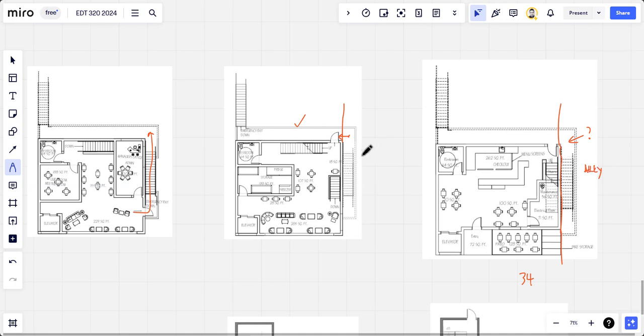Except this portion, I am unsure, because anything that you're projecting here, even just for escape purposes, must be either directly outside, which it is, but I don't think escape ladders are allowed, because this is an escape ladder. Okay, so we have to verify that one.